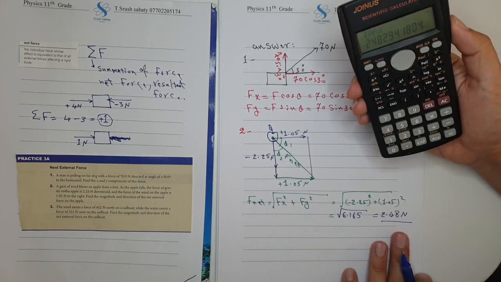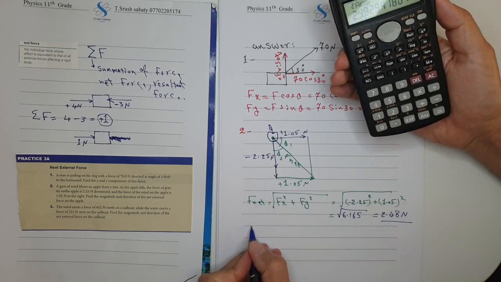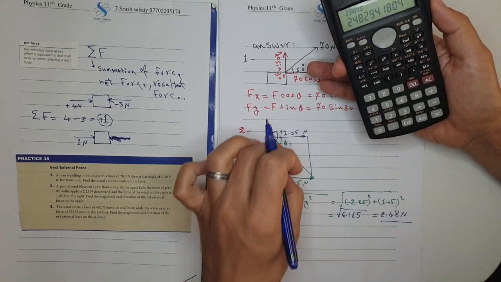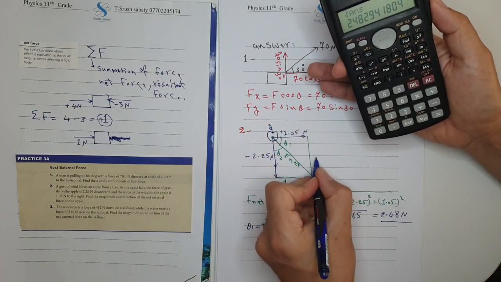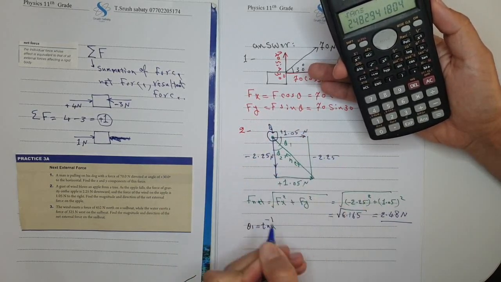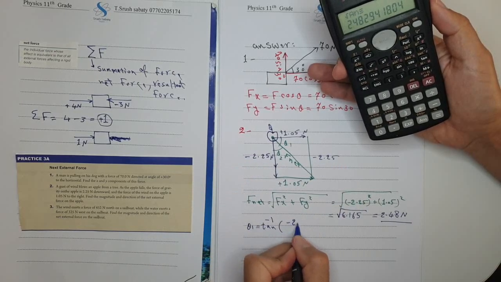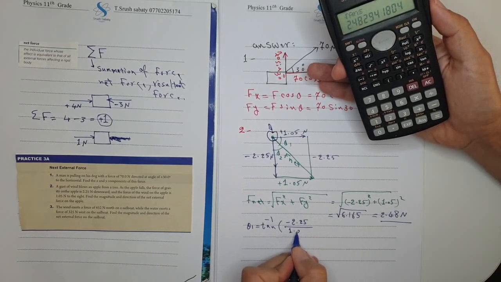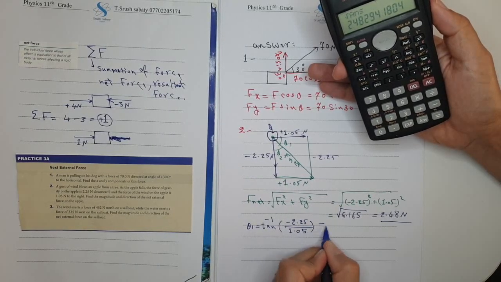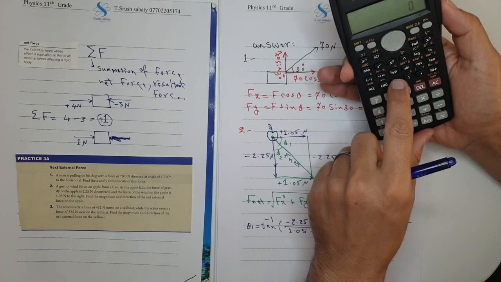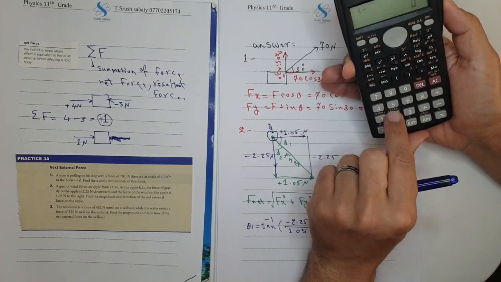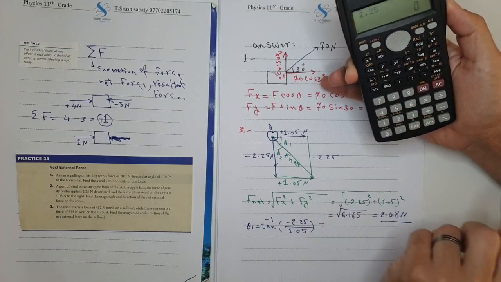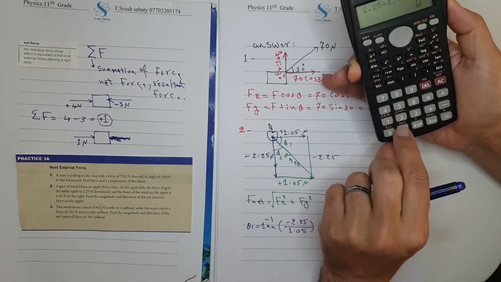This is the magnitude, okay? And what about the direction? Theta 1 is equal to tan inverse of opposite over adjacent. The opposite is minus 2.25, divided by 1.05.